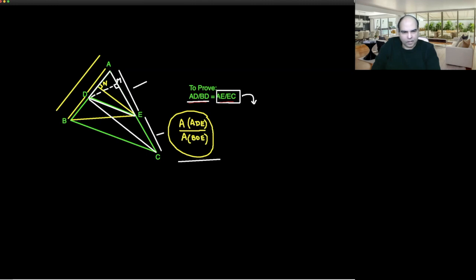So the area of triangle ADE divided by the area of triangle CDE will basically be half into AE into DM, divided by half into EC into DM.